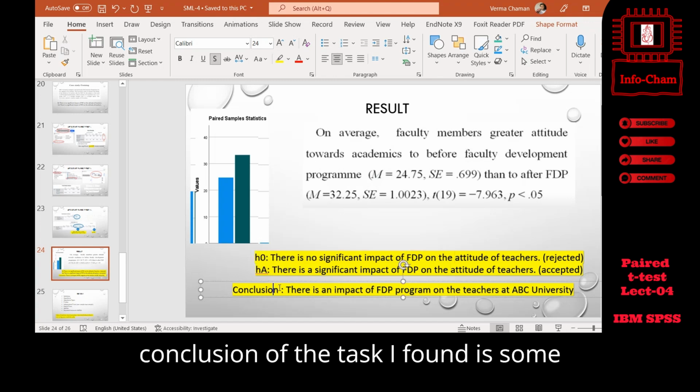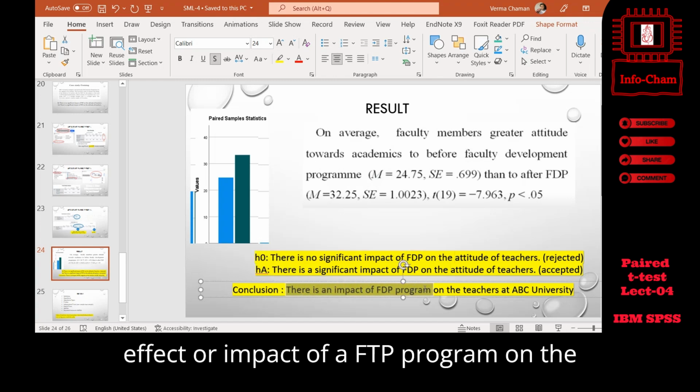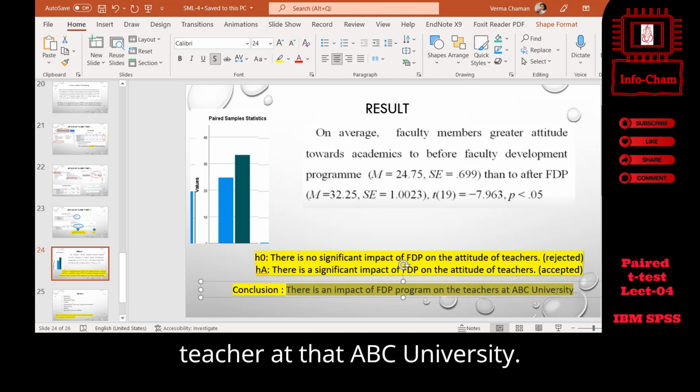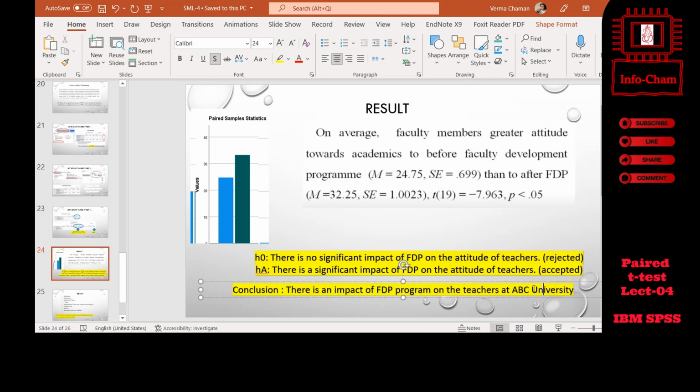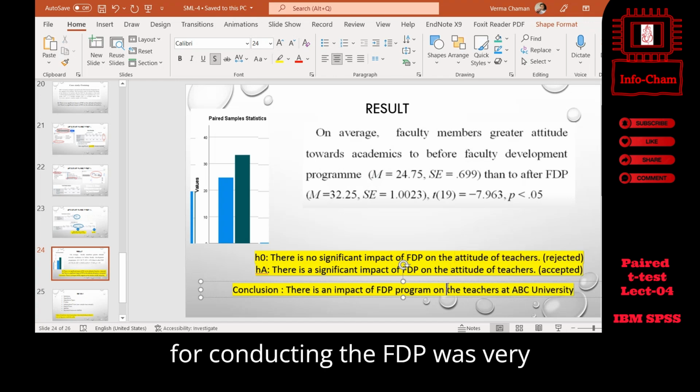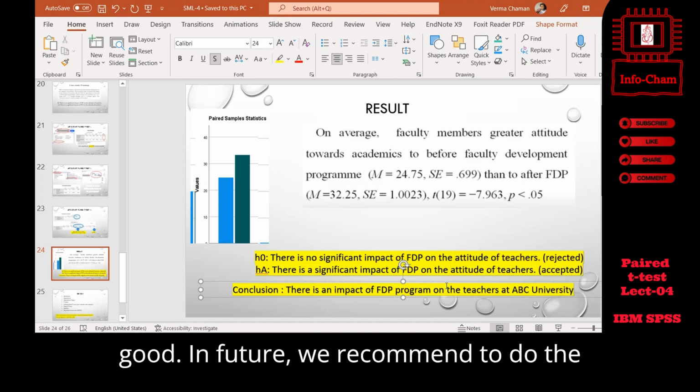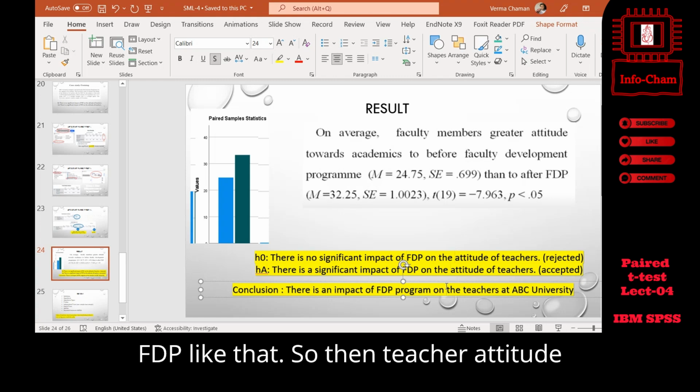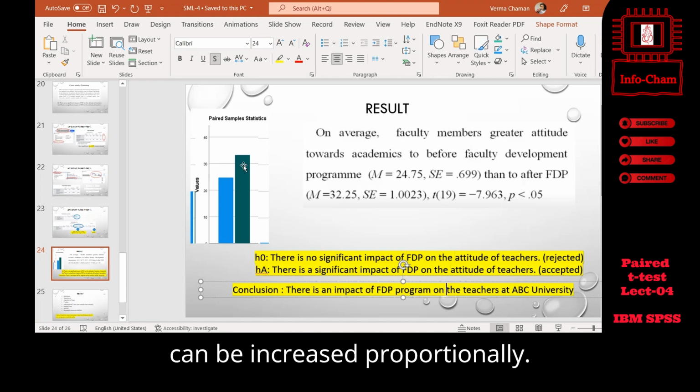So my main conclusion of the task is that I found some effect or impact of the FDP program on the teachers at ABC University. So the decision taken by ABC University for conducting the FDP was very good. In future, we recommend doing FDP like that, so then teacher attitude can be increased proportionally.